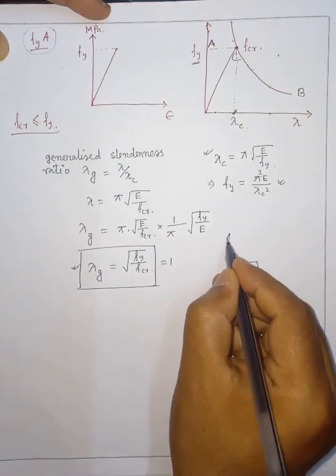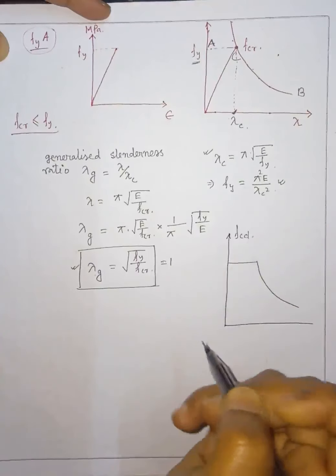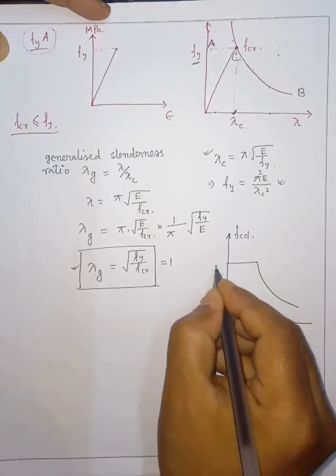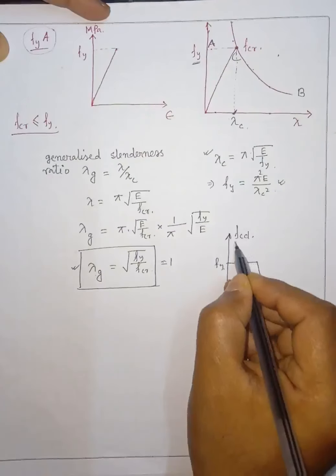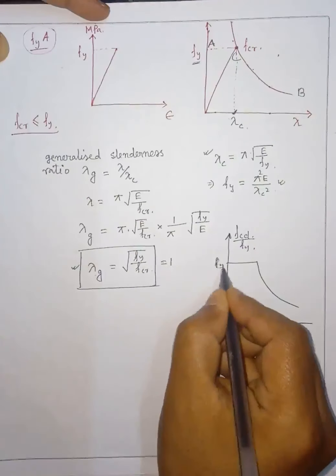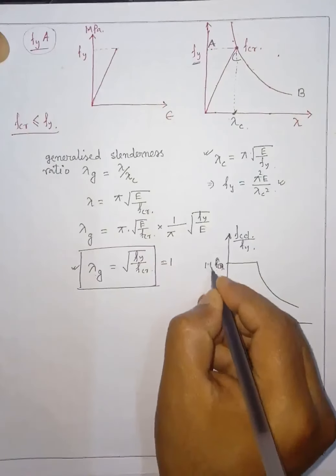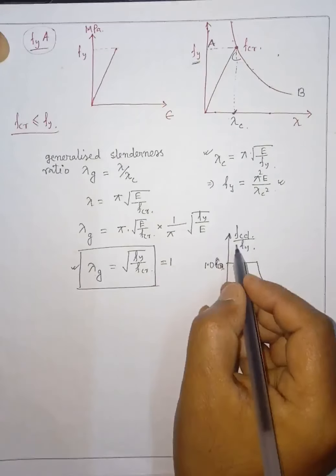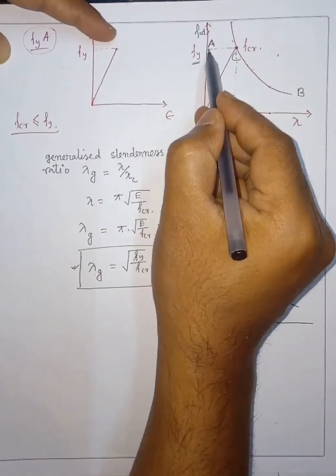On this axis we are representing the stress carrying capacity. At this point it is Fy. So we will represent this axis as FCD by Fy, so at this point it will become 1.0, because this axis was FCD and at this yield point it was Fy.